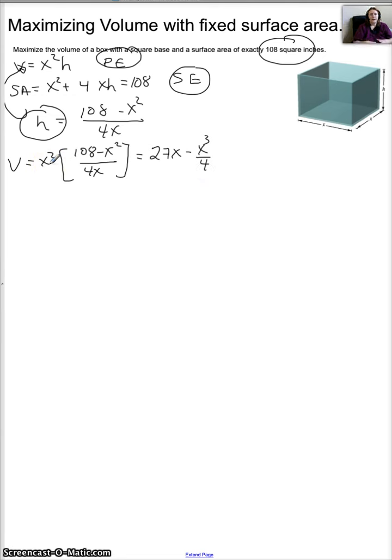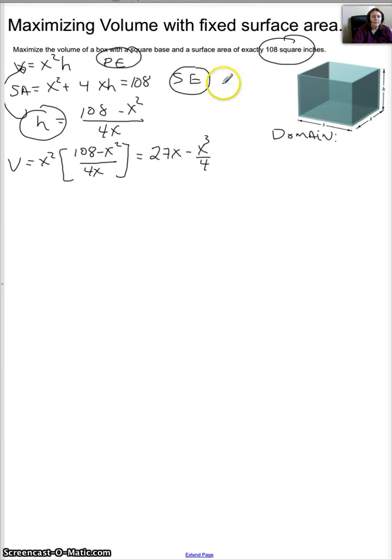Now, let's look at a reasonable domain. X must be positive, that's kind of a given. So I'm going to come over here and write my domain. I know x has to be positive. Now, suppose x is equal to 0. Let's suppose the area of the base takes up everything, so the height is 0.